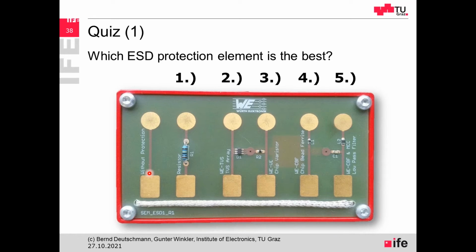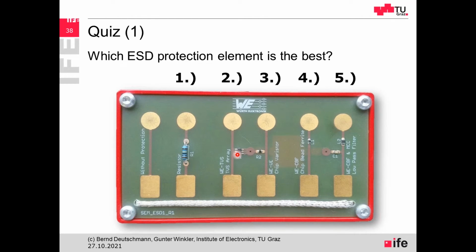So you can really feel an electrostatic discharge from a piezo lighter. And then we have different protection systems. For example, here, number one is a simple resistor. In this case, it's a 1 kilo ohm resistor directly in the line, so a series element.